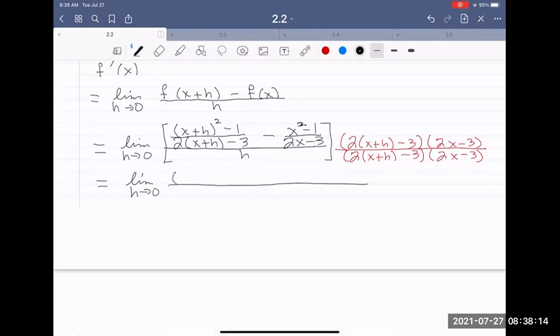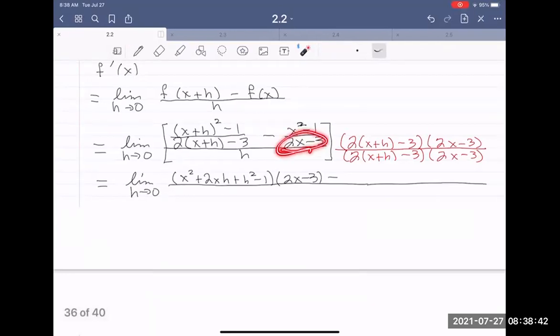And so this is x squared plus 2xh plus h squared minus 1 times my 2x minus 3, minus, well, the 2x minus 3's cancel. So what remains is this times that.